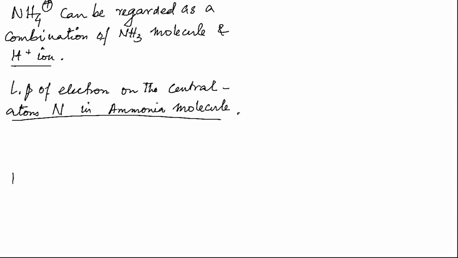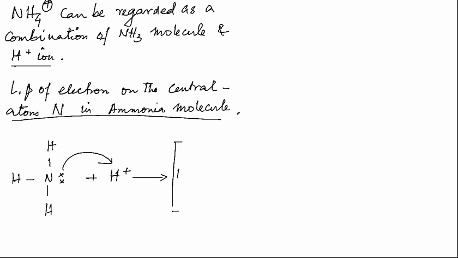So let us draw the diagram. You have 3 covalent bonds with nitrogen with the help of 3 hydrogens. There is a lone pair on the central atom nitrogen. It is donated to an H plus ion, and there you have the formation of the NH4 plus ion. One thing to be noted: it is a kind of Lewis acid Lewis base reaction.